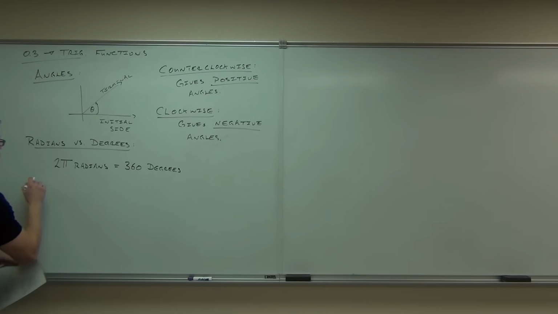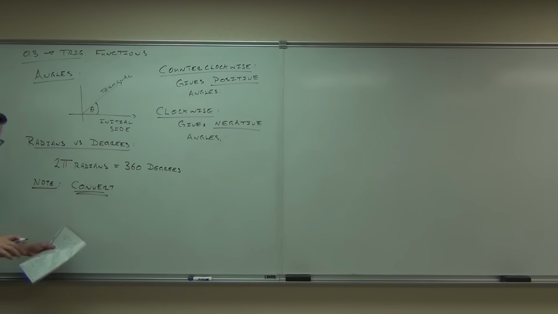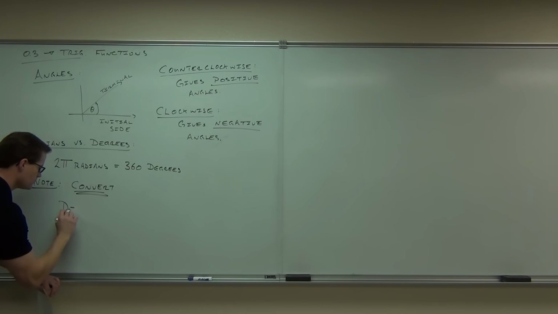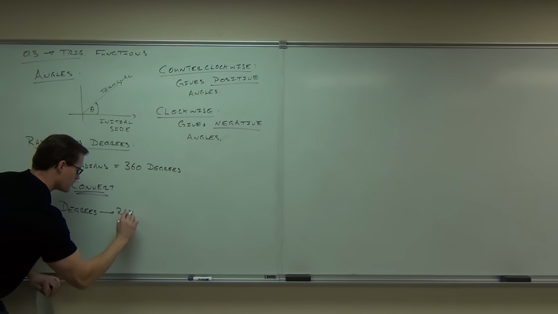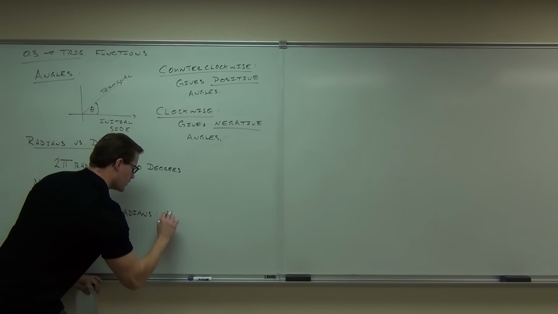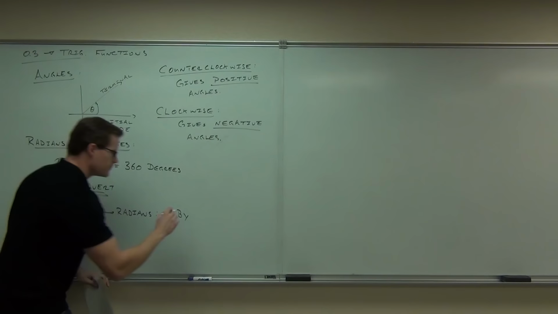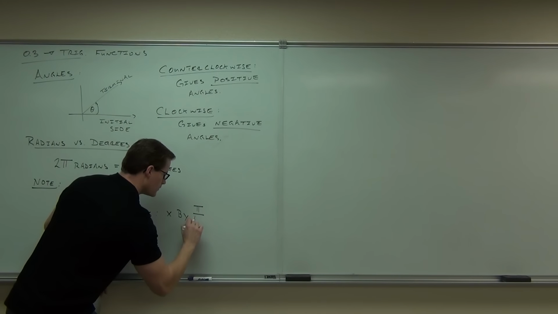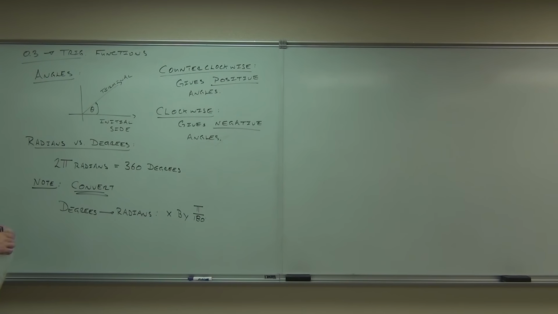That works just fine. So, here's our note to convert. If you want to go from degrees to radians, multiply by pi over 180.